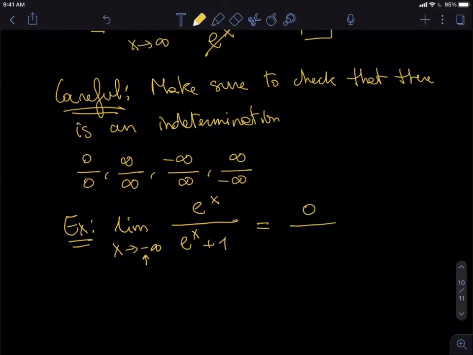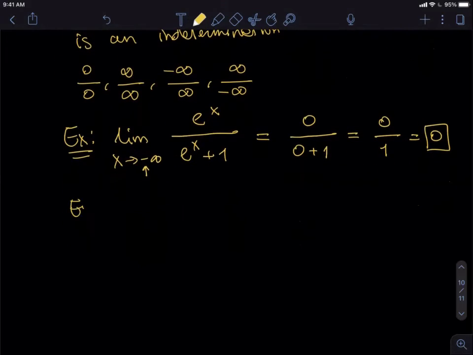And then in the denominator, we have 0 plus 1. So this is 0 divided by 1. And that is 0. There is no indetermination here. We are splitting 0 cake for one person. So that person gets nothing. Okay, no indetermination. So just make sure to check. Don't go ahead and apply L'Hopital without checking.